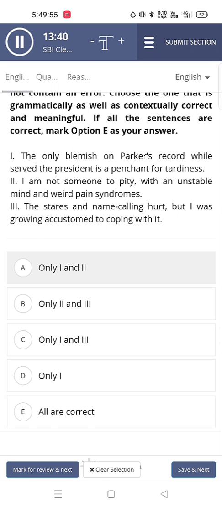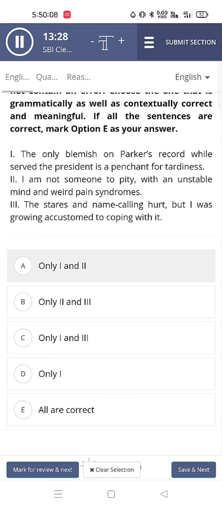I am not someone to pity on. So there is error in second. Then the stares and name calling hurt, but I was growing accustomed to coping with it. Second is right. The only blemish on Parker's record while serving. Oh, second is right. Then second and third I will mark.